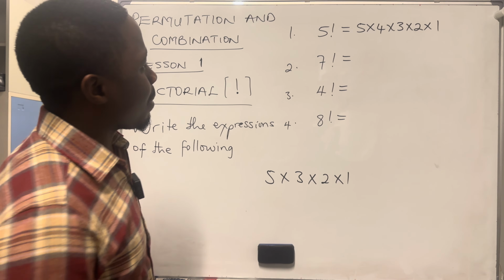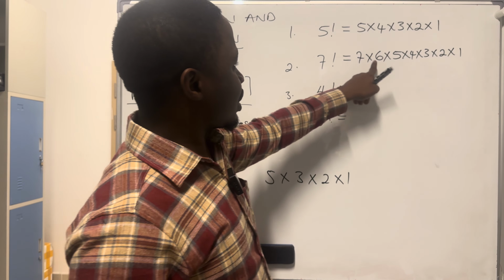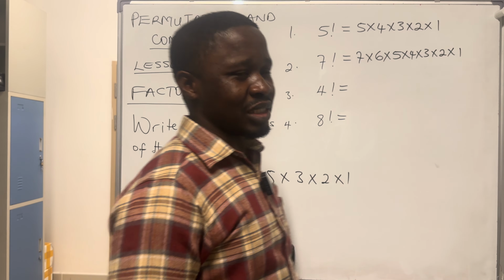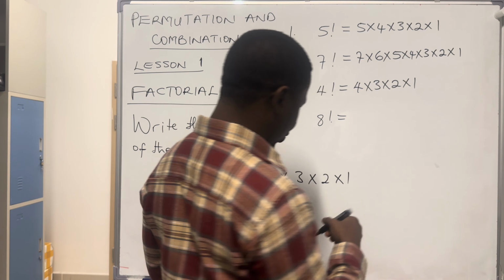How about 7 factorial? The same. 7 times 6 times 5 times 4 times 3 times 2 times 1. This is 7 factorial. 4 factorial is 4 times 3 times 2 times 1.